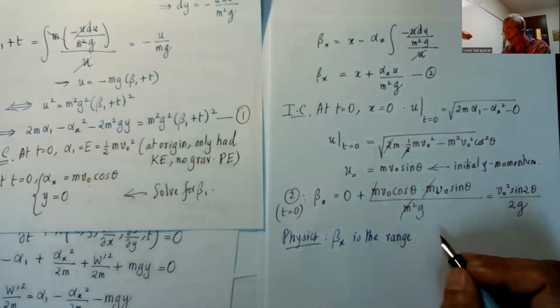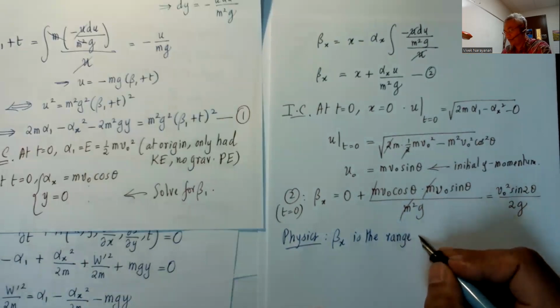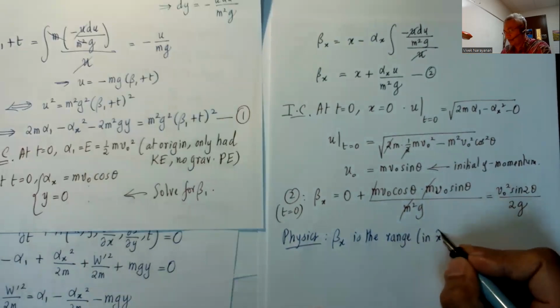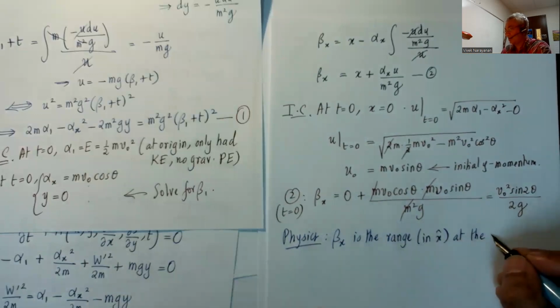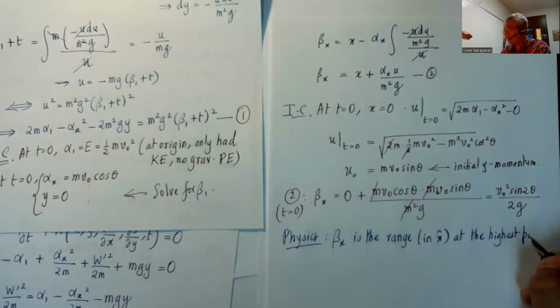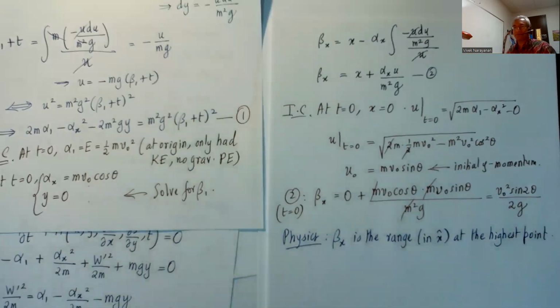Well, to be more precise, it's the range in the x direction at the highest point. So it's a halfway range. Very nice and satisfying so far. All the initial conditions are interpreted in terms of physical variables.